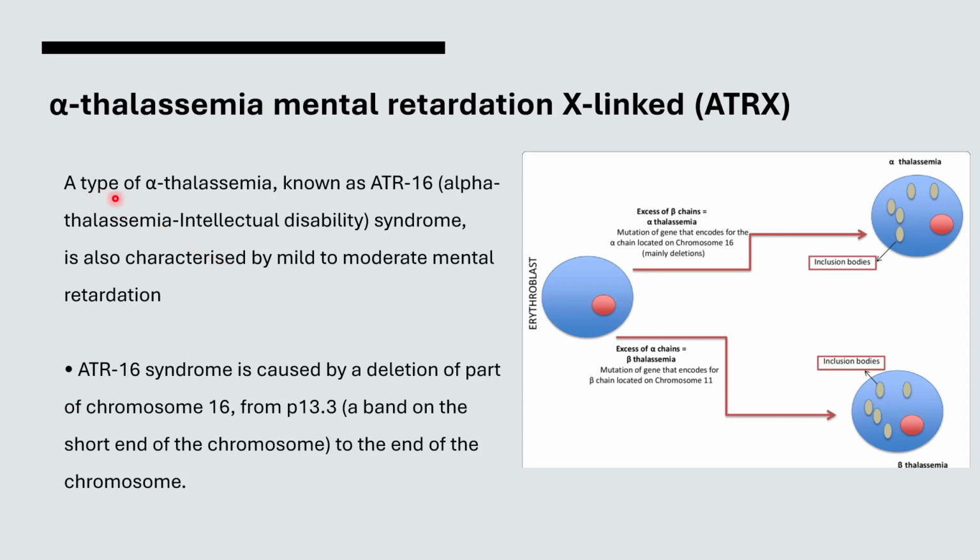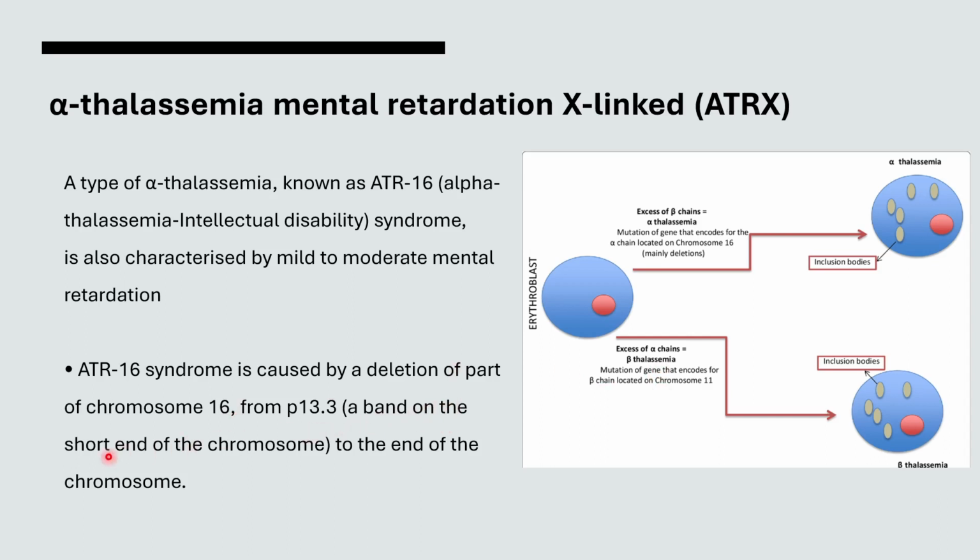A type of alpha thalassemia known as ATR16, that is alpha thalassemia intellectual disability syndrome, is characterized by mild to moderate mental retardation. This ATR16 syndrome is caused by a deletion of part of chromosome 16. So if we are talking about alpha thalassemia, then it is related to chromosome 16, and if we are talking about beta thalassemia, then it is related to chromosome 11.